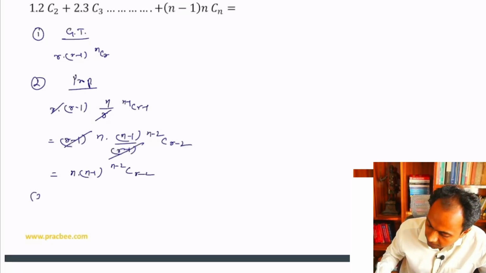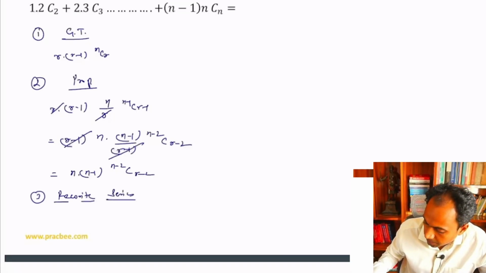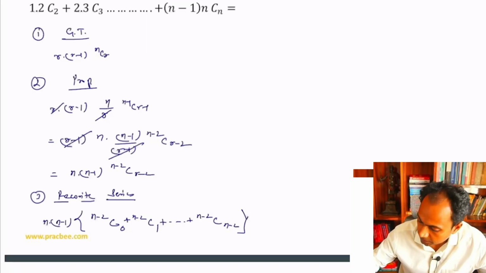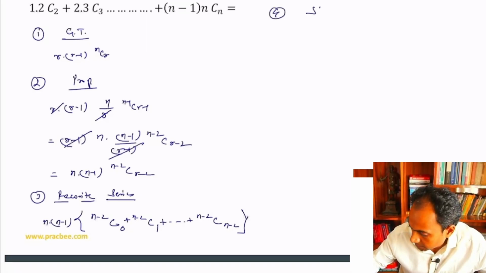In the third step, we are going to rewrite the series. If I rewrite the series, what I get is n into n minus 1 will come as common. The first term will start with the value of r as 2, so this becomes n minus 2 C0, n minus 2 C1 and so on till n minus 2 Cn minus 2. Now we will use our standard result.